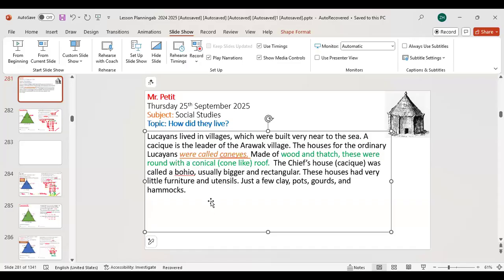And we have cooking and eating was done outside, often under a canopy.